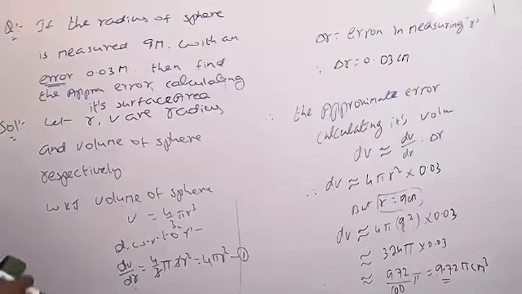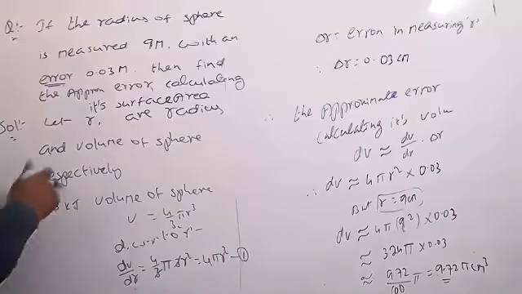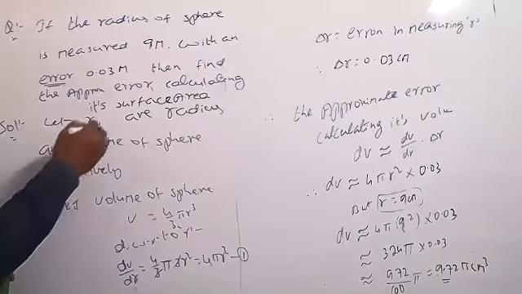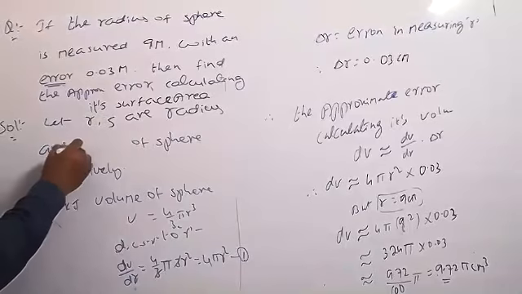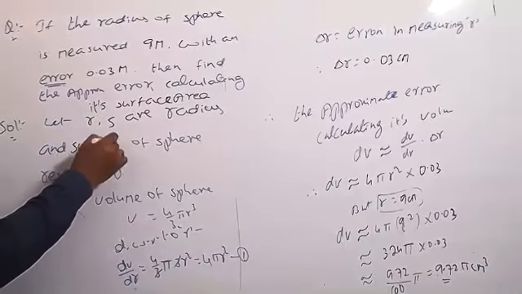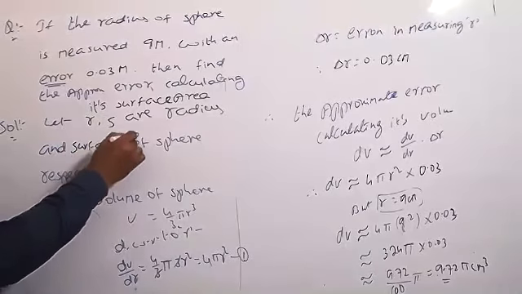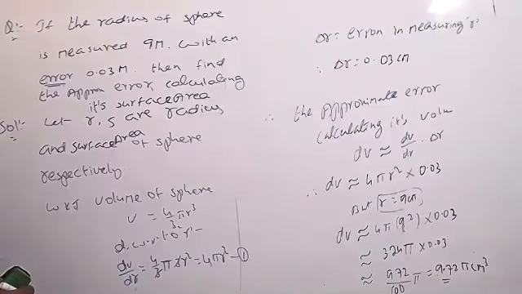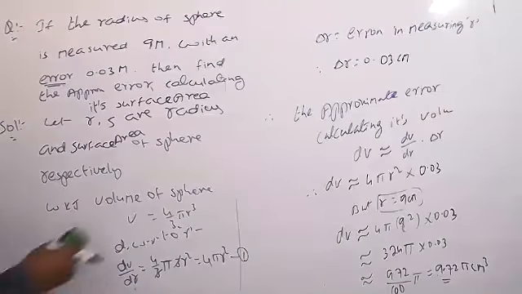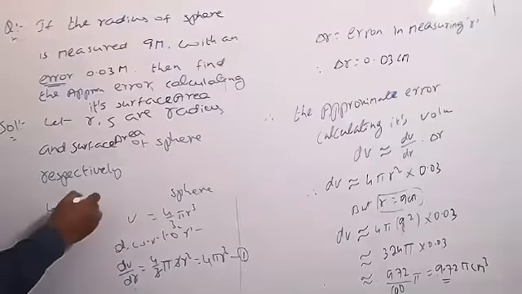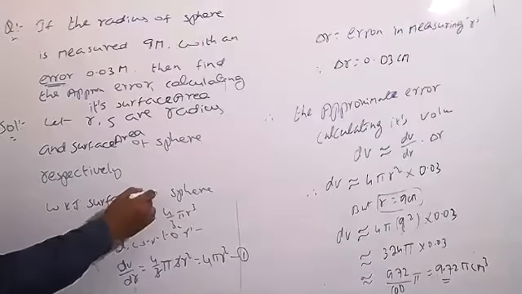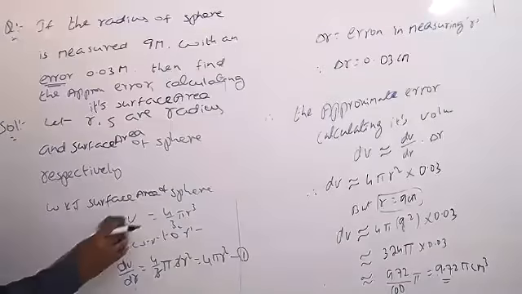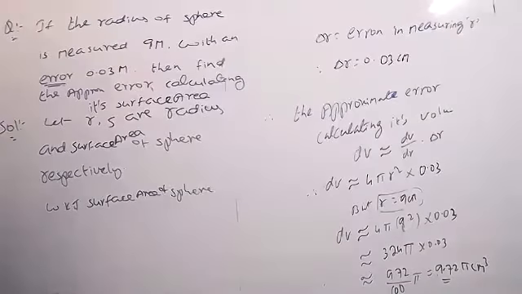Now in this question you can write: let r and s be the radius and surface area of the sphere respectively. Here you can write the surface area of the sphere, and what is the formula we have?